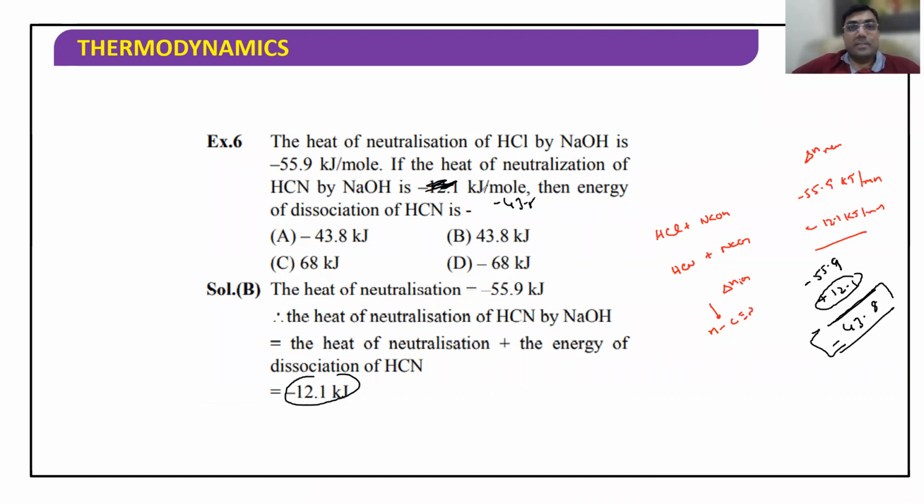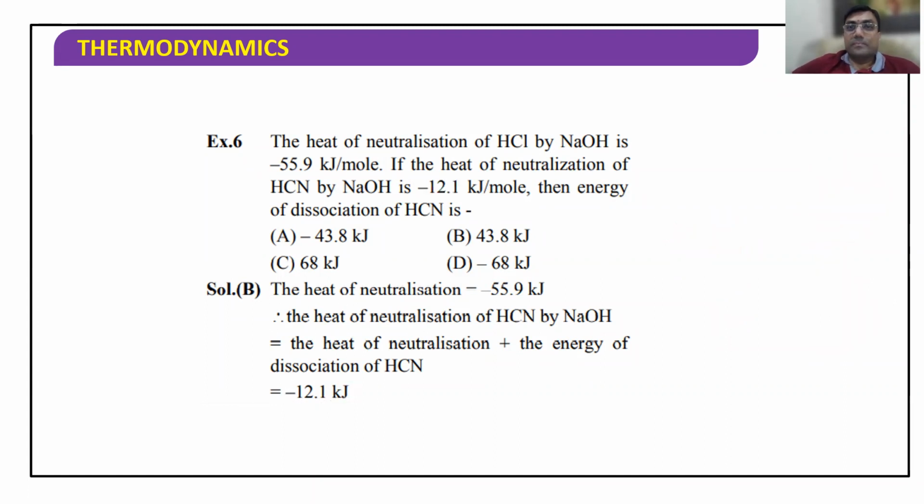So the mistake is given in this question. You understood or not? Heat of dissociation is always positive. Heat of dissociation is 12.1 kilojoules. Minus 43.8 is the heat of neutralization for a weak acid. Clear or not?